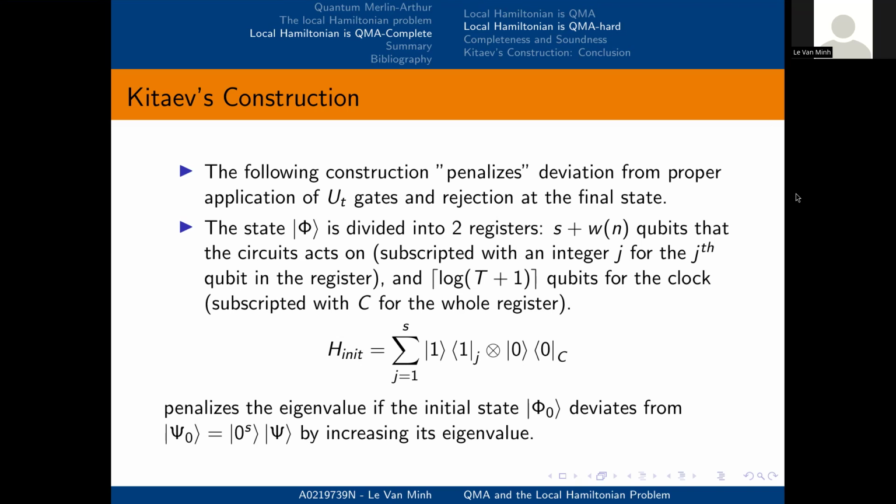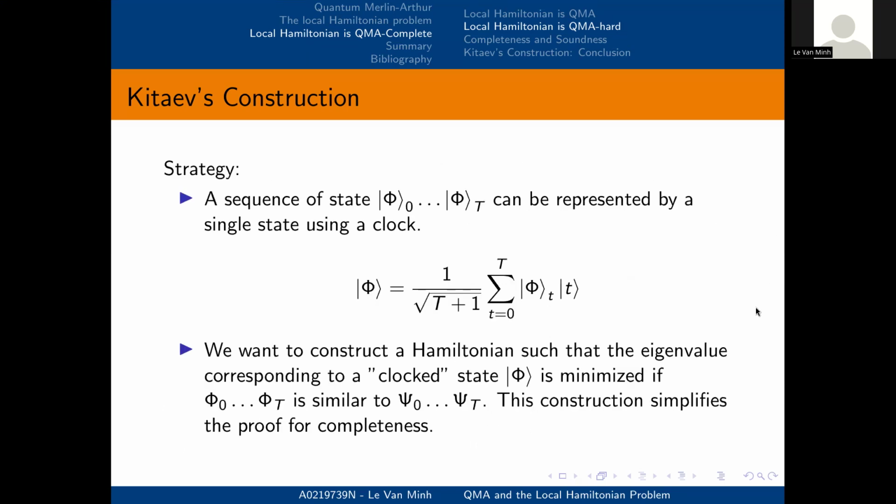The state phi is divided into two registers, that is S and polynomial W of n qubits that the circuit acts on, with a subscript of an integer j to represent the j-th qubit on the register, and some clock that includes log t minus 1 qubits, so that we can employ the strategy that we said before, and we can have both the state and a clock in a single state.